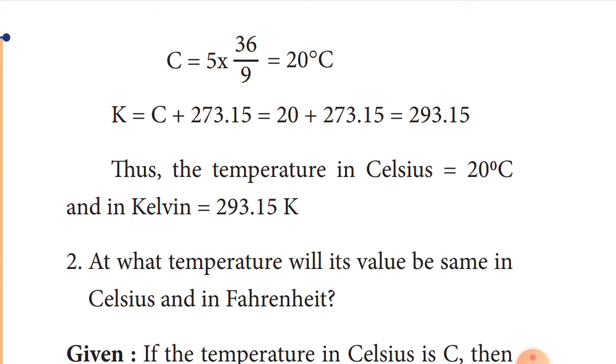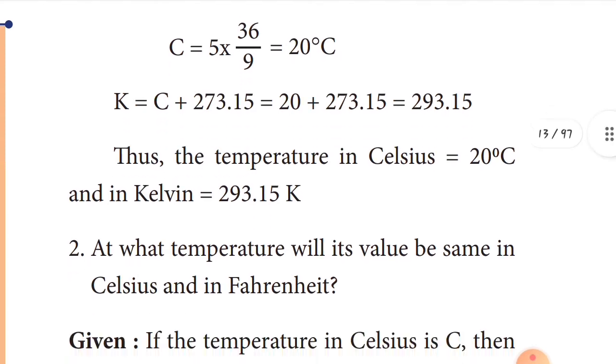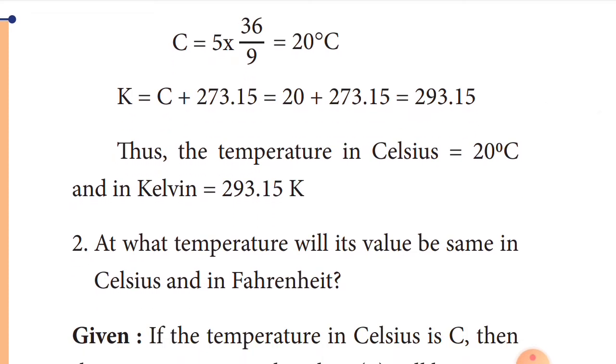So Celsius you have calculated. The next one, you have to calculate using the Kelvin scale formula. Kelvin K is equal to 273.15 plus C, or C plus 273.15, it is the same formula, children.